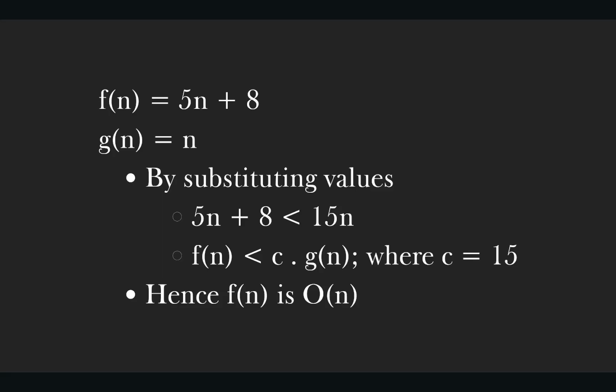So over here, if we apply 15 as the constant value, we can say that 15 times n will be greater than 5n plus 8. When n equals 1, 5n is 5 and then 5 plus 8 is 13, whereas 15 times n is 15.